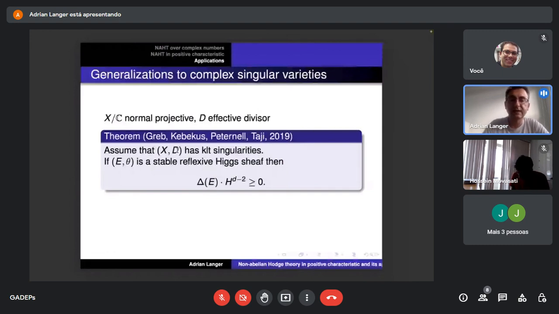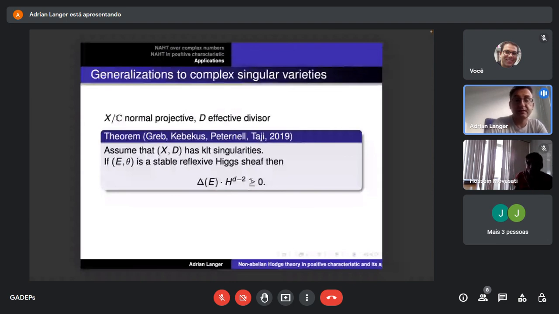Okay, so this is the result that they proved, and they also proved some kind of Simpson correspondence in case of varieties with Kawamata log terminal singularities. It's a bit more subtle than it looks because it's not completely obvious what this discriminant is.